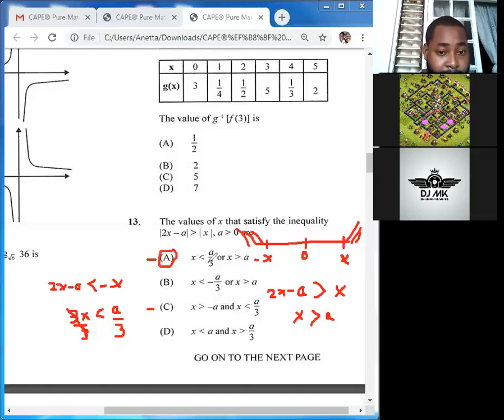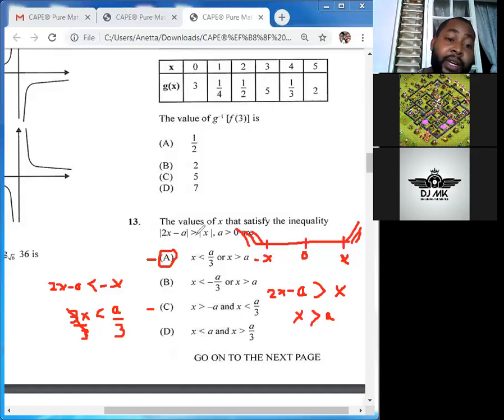Go back over the left hand side. 2x minus a is less than negative x. So anything on this side of the absolute value is negative, right? Because 0 is in the middle. The positives are here, negatives on that side.